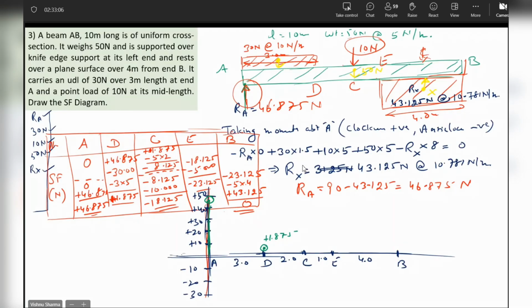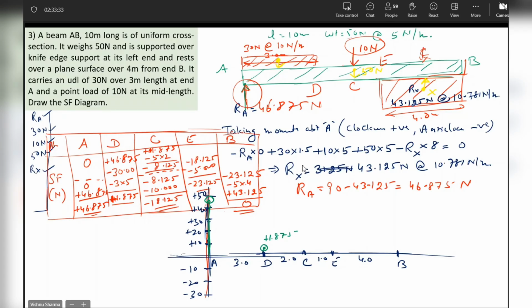In the table, how many changes have you made? 2. Are both uniform? Is 30 newtons uniform and the weight of the beam uniform? Yes, sir. So the resultant change will also be uniform, correct? If two forces are both changing at uniform rate, the resultant will be uniform, right?